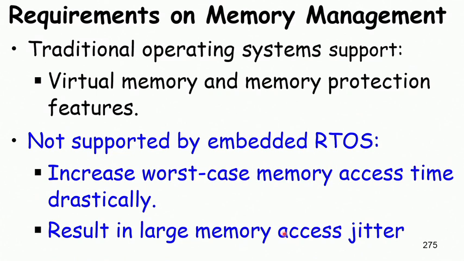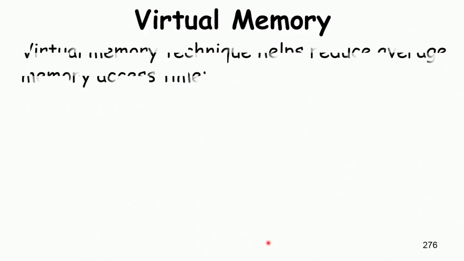But if the page is not available in memory and a page fault occurs, then the hard disk needs to be accessed, and the access time becomes hundreds of times larger than when it is available in the main memory. We need to do something to prevent such memory access jitter, otherwise this will lead to tasks missing the deadline.